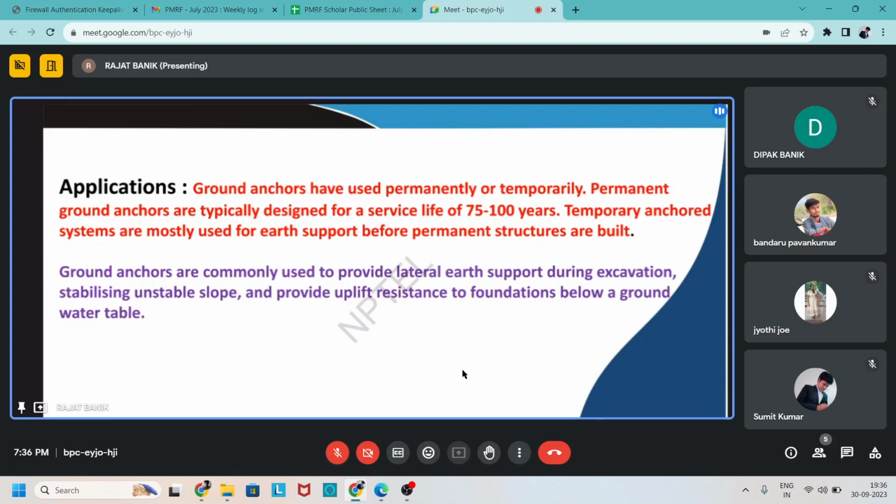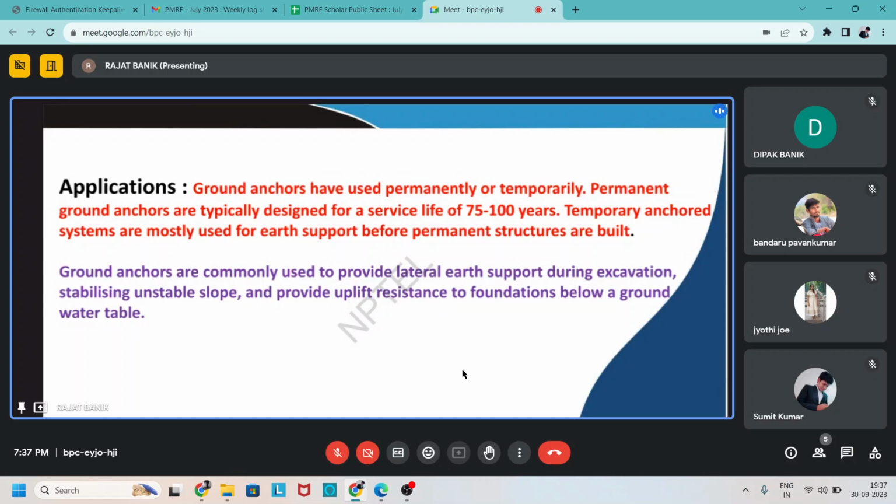It is also used to stabilize the base of the foundation against upliftment.